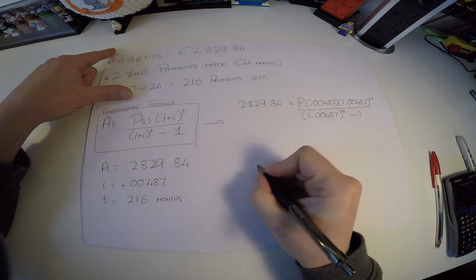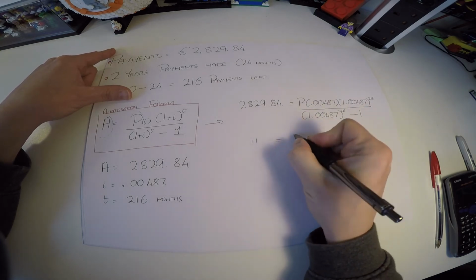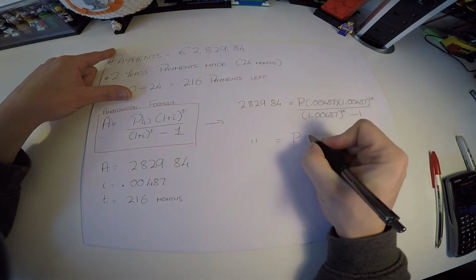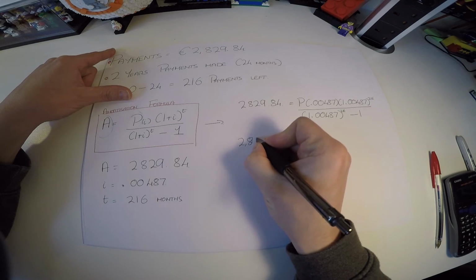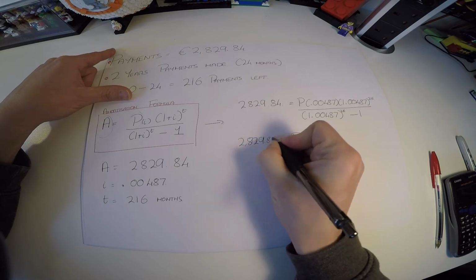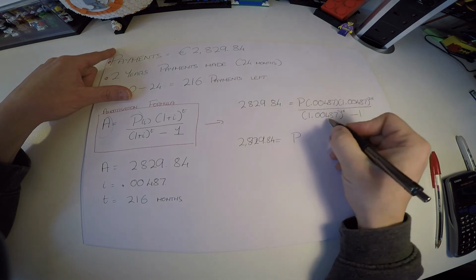So how do I recommend you do this? Well, I actually probably would leave the left hand side alone and maybe just leave P here and calculate the top and then the bottom line. I'll write this in just to avoid confusion. 2829.84. Now P is going to be multiplied. Let's put this just one number on top, one number on the bottom.